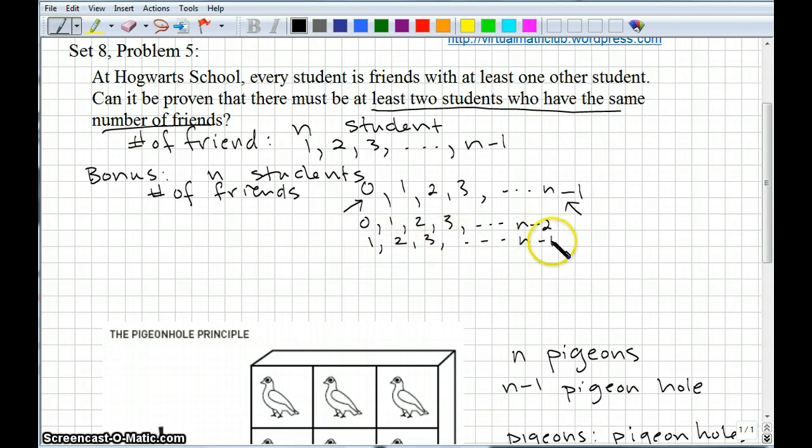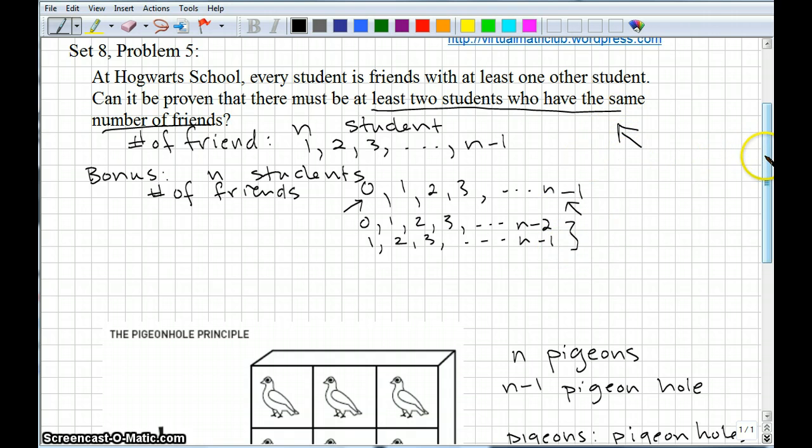Okay? So either way, we have n minus 1 pigeonholes to put our n students into. So that means either way, this statement is still true, that at least 2 students have to have the same number of friends. Alright? That's what I love about math.